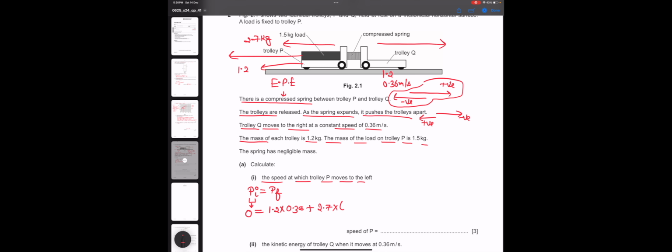So we can mention negative velocity of P. Alright, and now when you solve this, your answer will come out to be nearly, let me put it in the calculator, 0.16 meters per second. Alright, you just transpose this thing to the other side, negative will cancel out negative, then 2.7 will divide this, Vp you will get.